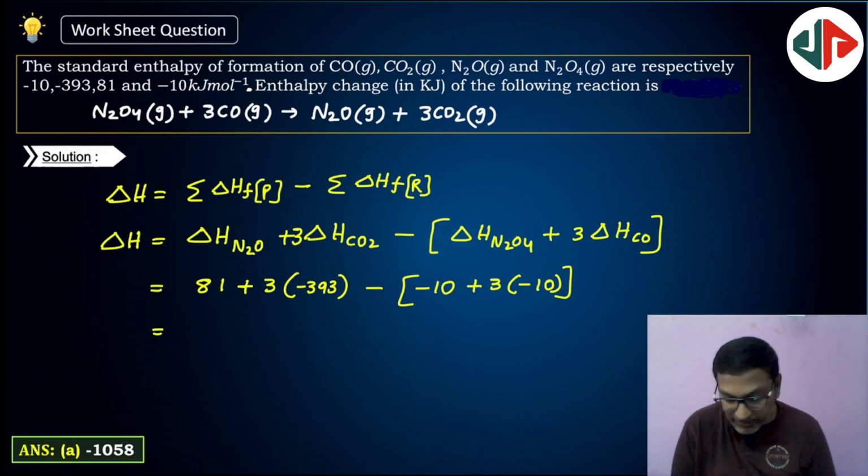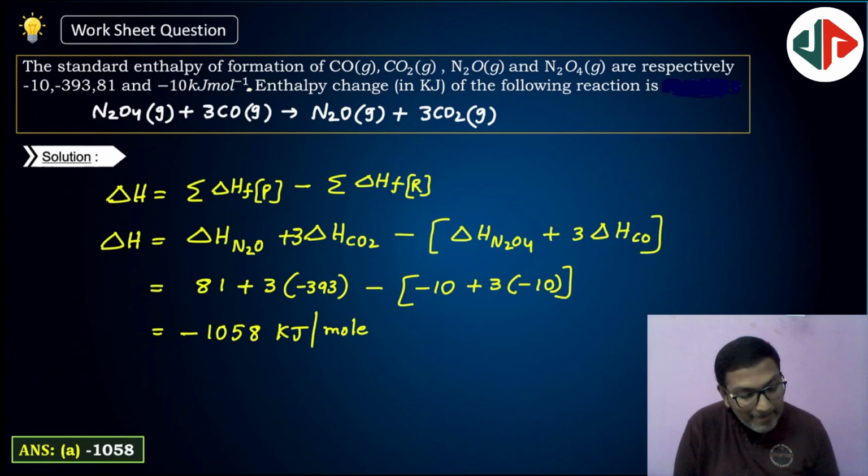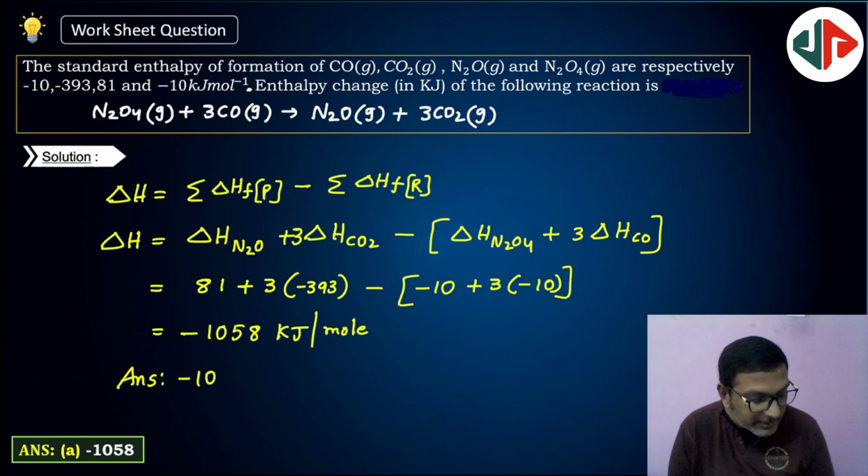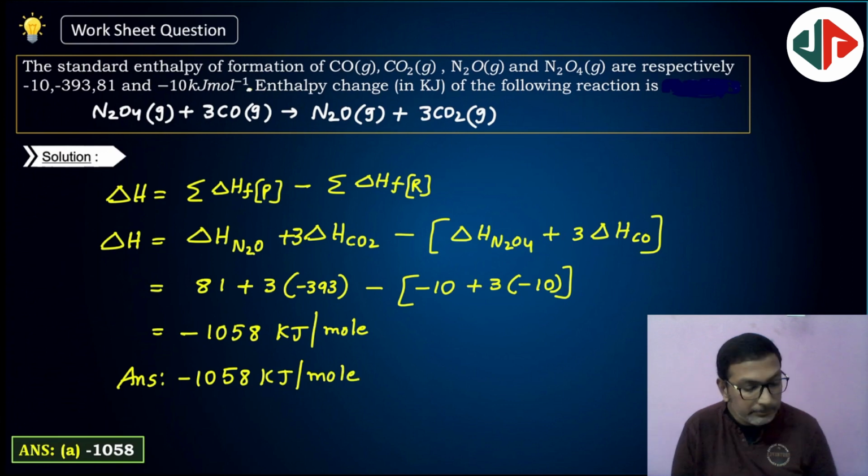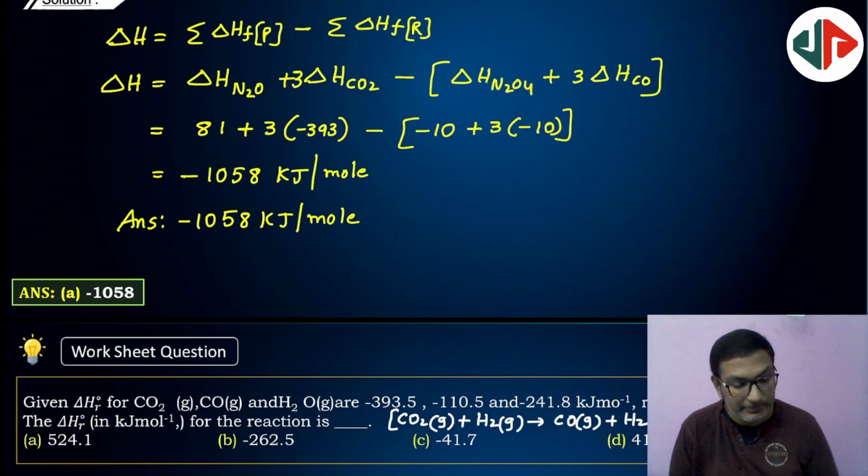From this we'll get the value minus 1058 kilojoules per mole. So minus 1058 is the answer. Your options are not given. Yes, the answer is minus 1058 kilojoules per mole. Delta H of reaction in terms of formation of reactants and products. Next.